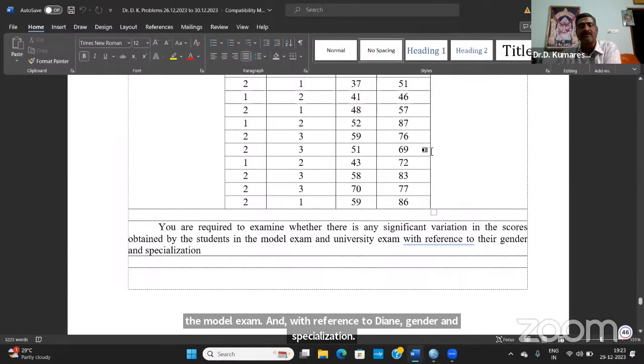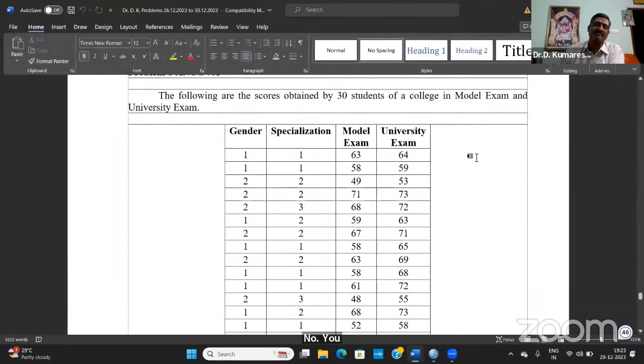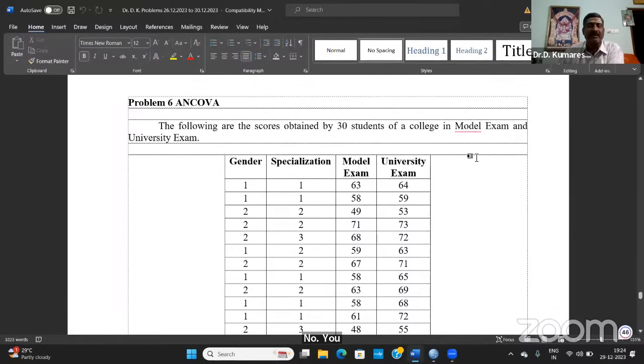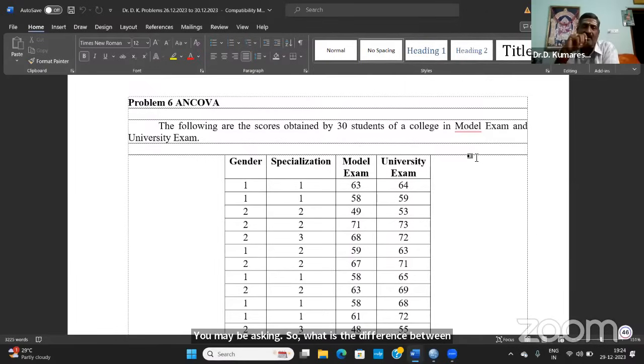Now, you may be asking, sir, what is the difference between this problem and the MANOVA problem?